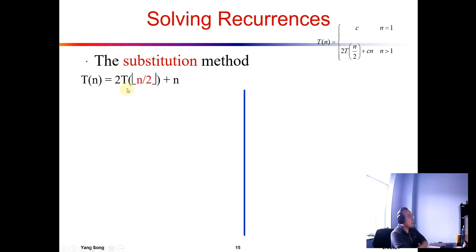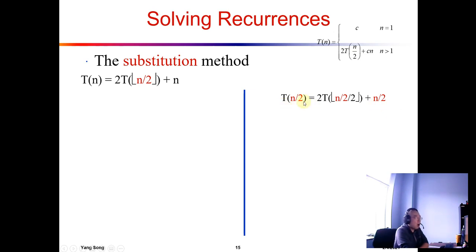To solve T(n), we observe that inside there is T(n/2). So how do we figure out T(n/2)? We substitute this n with n/2, and this n also with n/2, so we get this one. This is how we solve T(n/2).